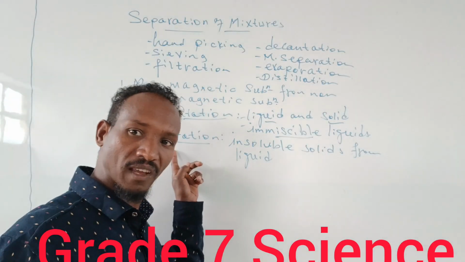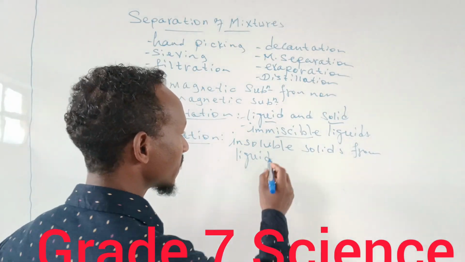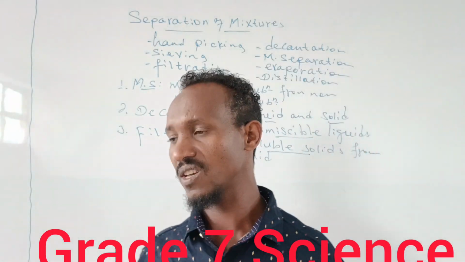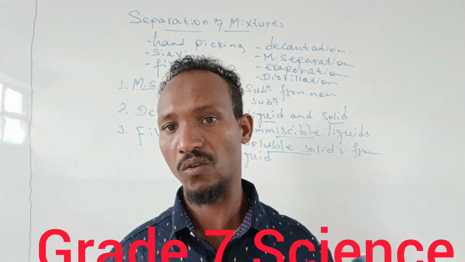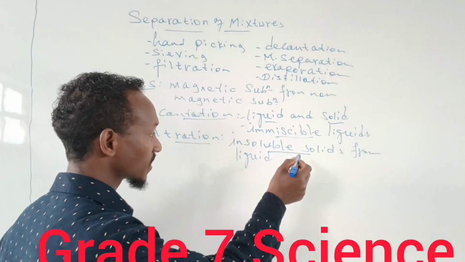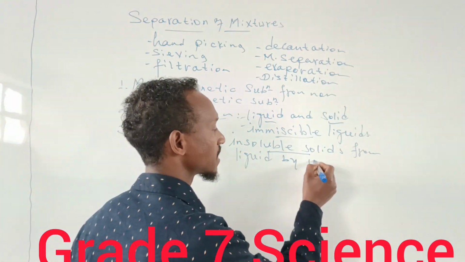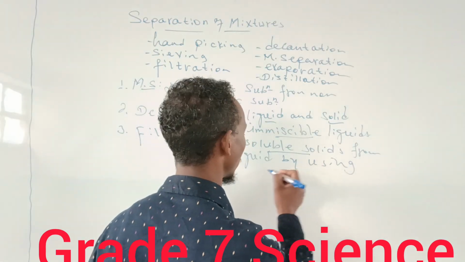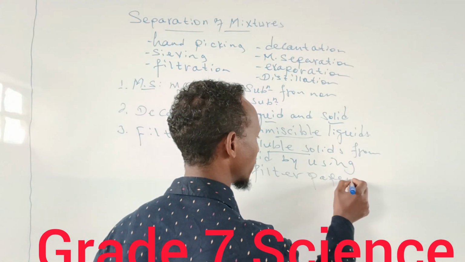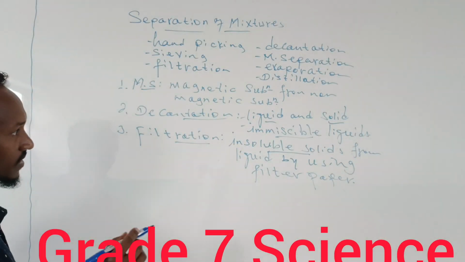Filtration is a method or technique used to separate insoluble solids from liquids. For example, when sand and water become mixed, we can easily separate the sand from the water using filtration. By using what? By using filter paper. This is the third separation technique.